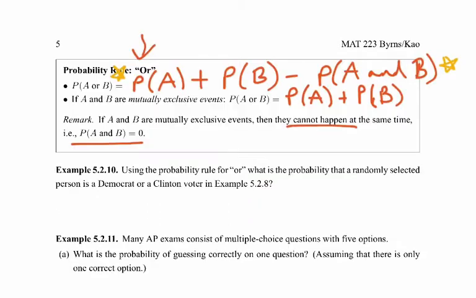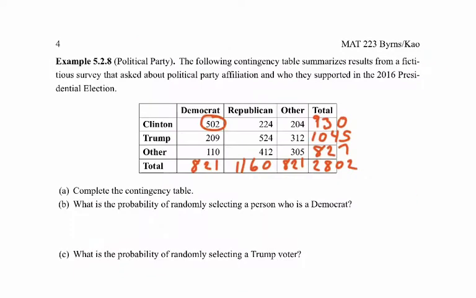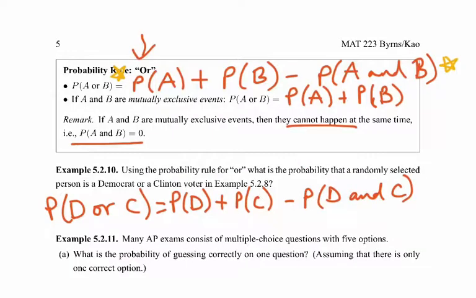So let me go back to the question. The probability that somebody is a Democrat or a Clinton voter. Using the formula, that means we have the probability that somebody is a Democrat plus the probability that somebody is a Clinton voter minus the probability that somebody is a Democrat and a Clinton voter. The probability that somebody is a Democrat, let's look that up. The column for Democrats, there's 821 out of the total 2802.